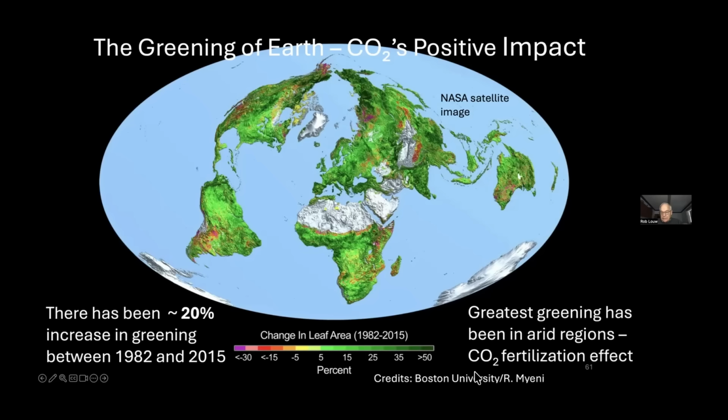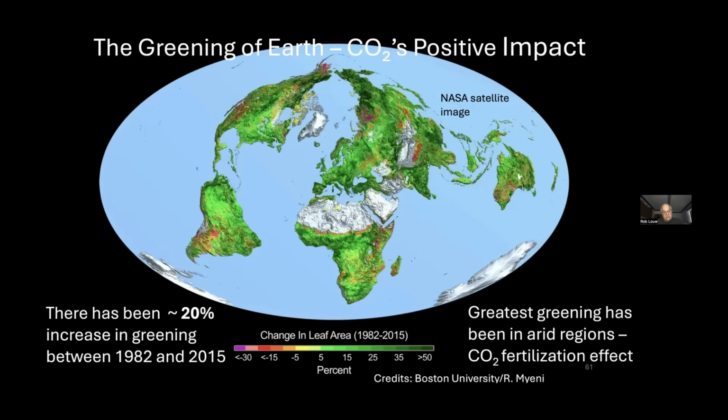But the interesting thing is that the greatest greening has been occurring in the arid regions, which is definitely the carbon dioxide effect. If you look at the Sahara Desert over here, the southern boundary of the desert that you see here is gradually creeping northwards, because as the carbon dioxide levels in the atmosphere increase, the plants are able to utilize carbon dioxide much more efficiently.